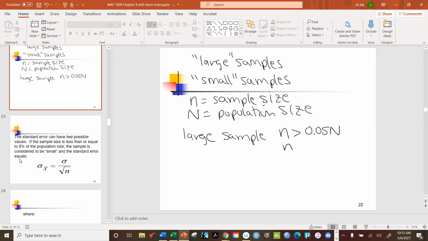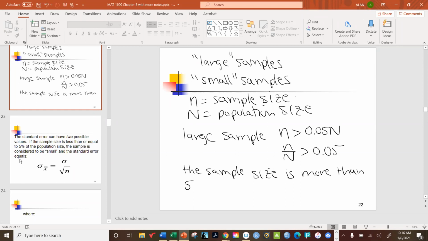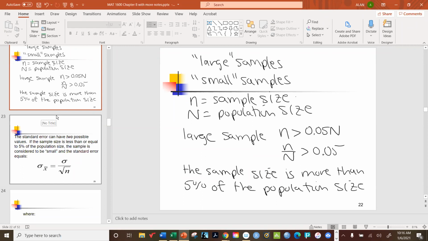We can also express this as n over N. In other words, what this is saying in English is that the sample size is more than 5% of the population size. In this context, this is what we will define as large and small. So of course that implies that small just means the opposite, less than or equal to 5% of the population.